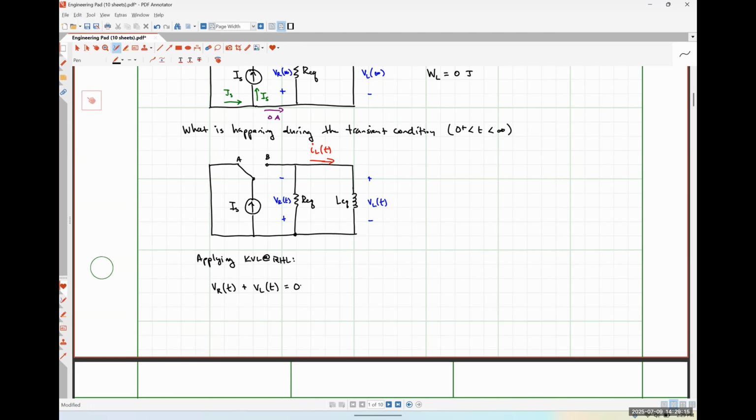So using Ohm's law, we would have Req times our inductor current, IL of t, plus, and this is equation 1 from our inductors and inductance lecture, the voltage drop across our inductor, which is LEQ times the derivative of our inductor current with respect to time. So this is an example of a first order homogeneous linear differential equation. Okay.